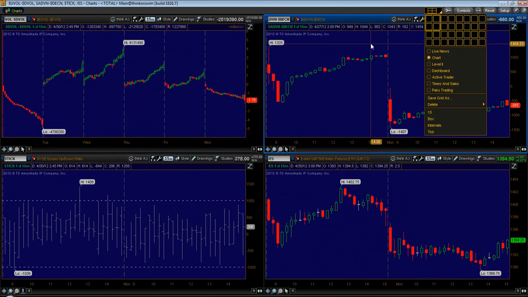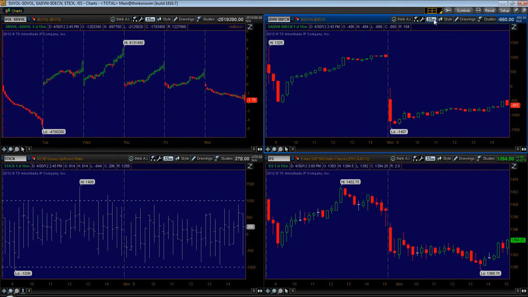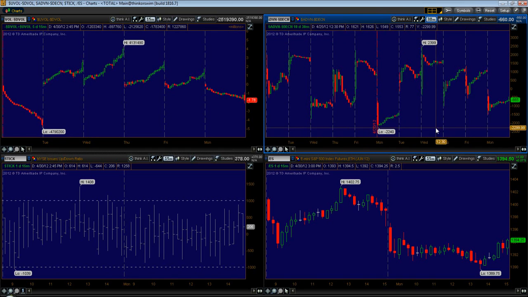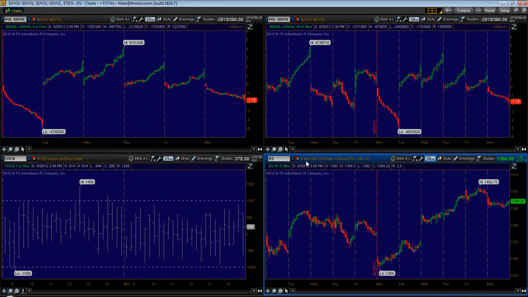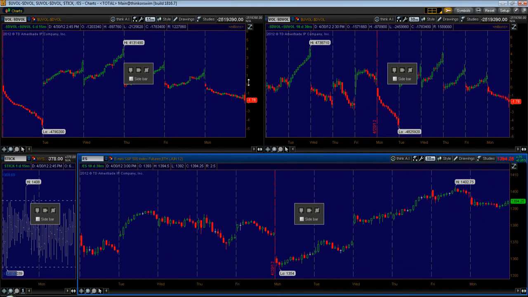That won't work. But what we want to do is a 30-minute chart of the breadth and a 30-minute chart of the ES, and I want to just make it a little bigger for you. There we go.